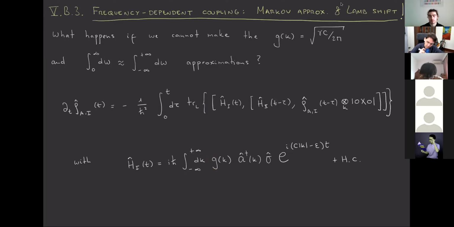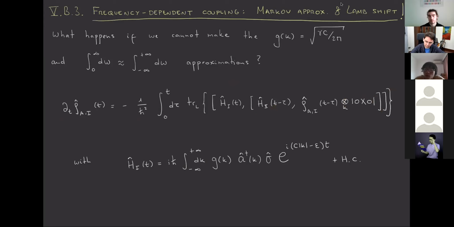So let me just point out one thing that Sijan already asked a few days ago, I think in the last class or the previous one, which is the fact that we did the Born approximation and the absence of back action approximations because we wanted to truncate the evolution to second order in the interaction.